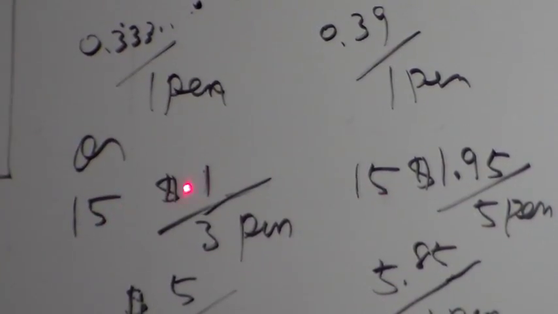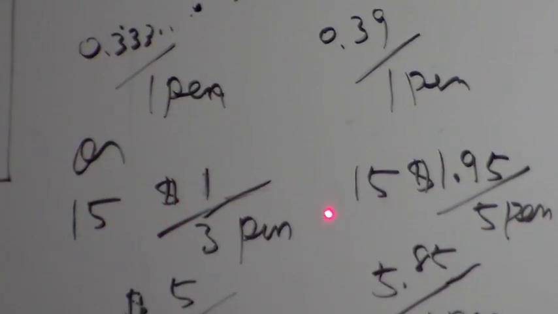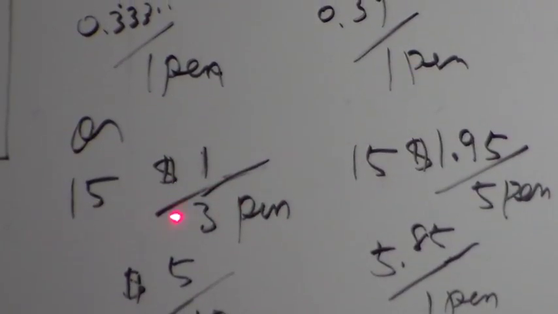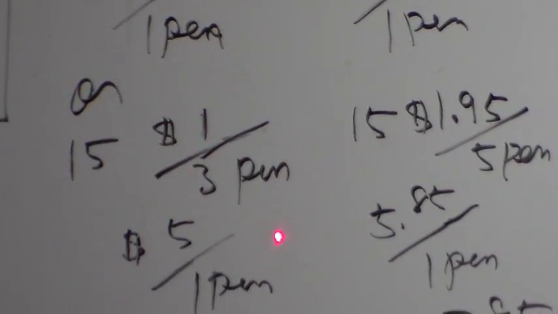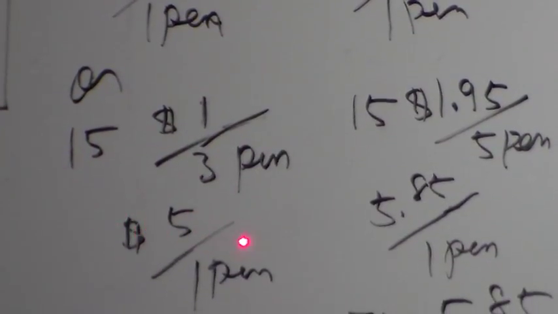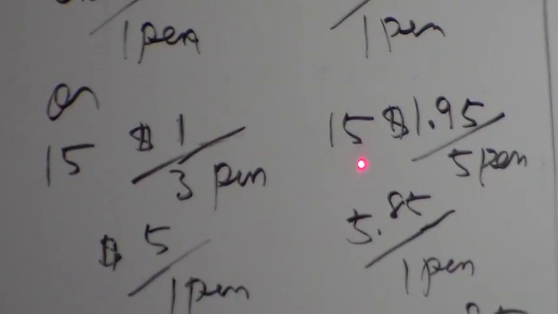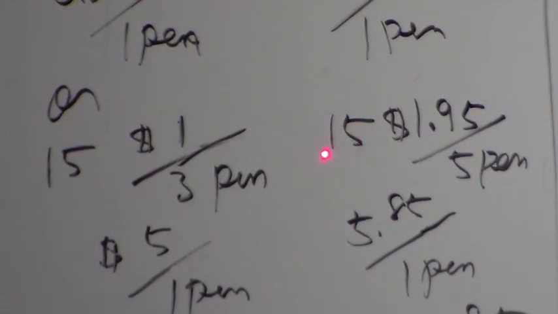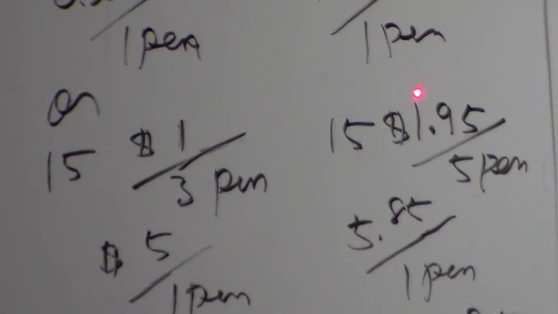We are going to times 15 on each side. 15 divided by 3 is 5, right? So $5 for 1 pen. This one also, we have 15 on each side.